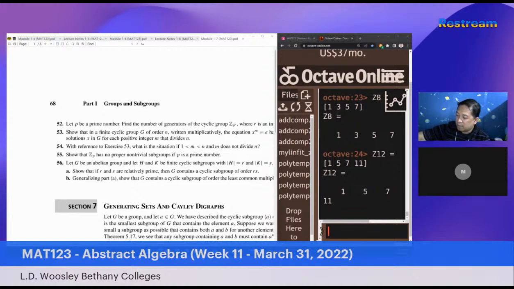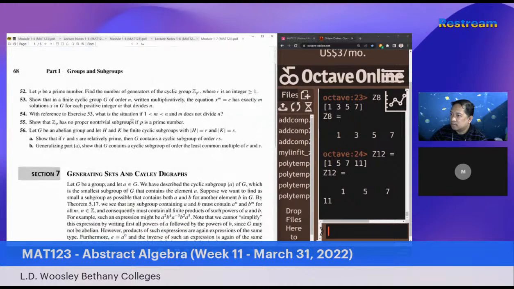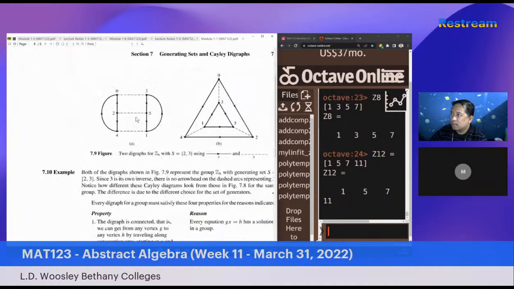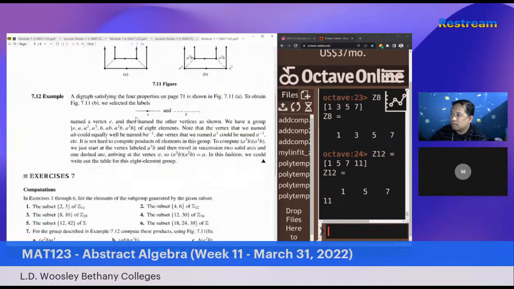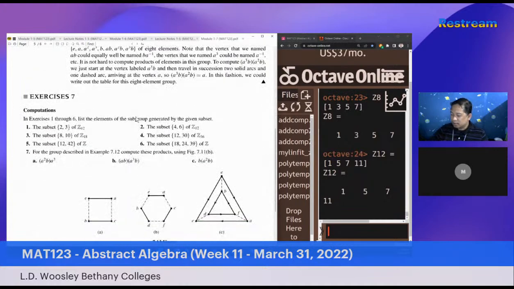For 1-7, siguro mas madali itong Cayley's group na to. Yeah, mas maganda to.